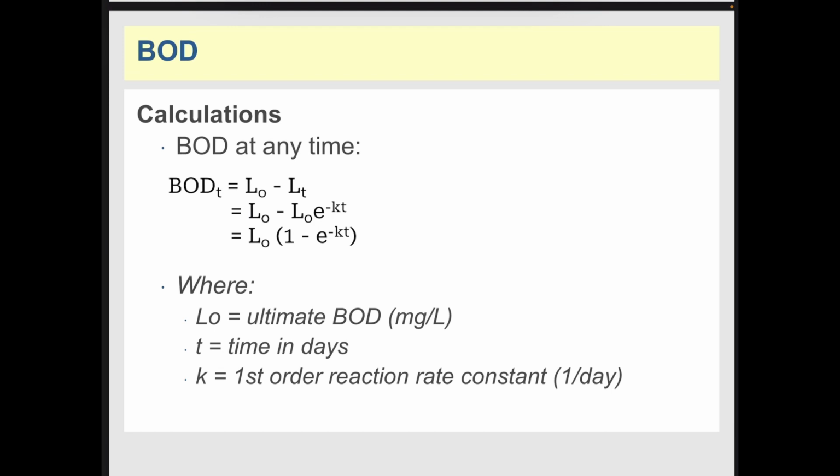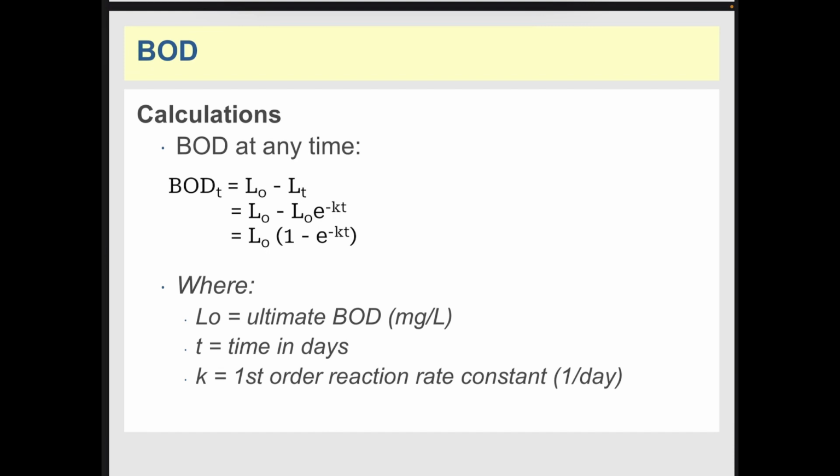L0 is the ultimate BOD, the BOD that reaches a point where it no longer increases. That is the maximum BOD, the ultimate BOD. T is the time in days and K is the first order reaction rate constant.